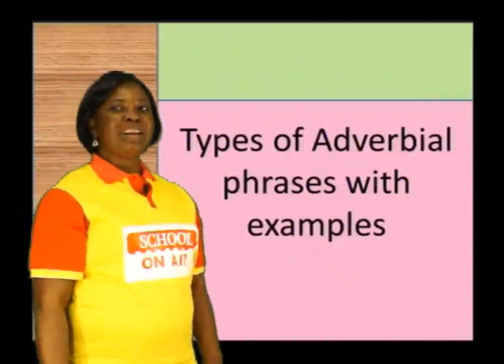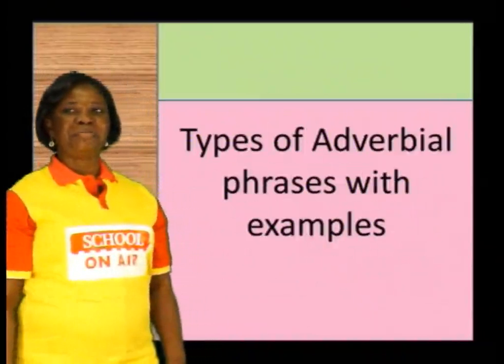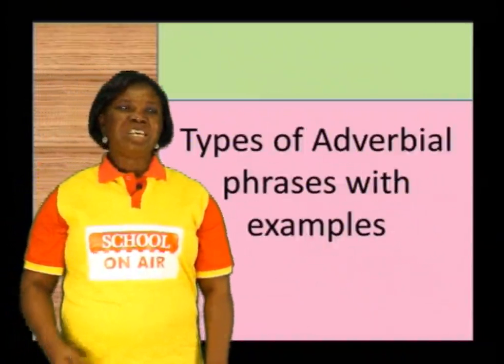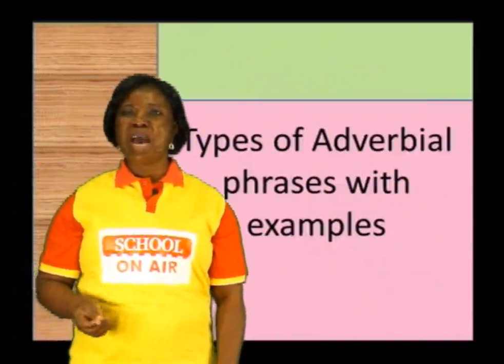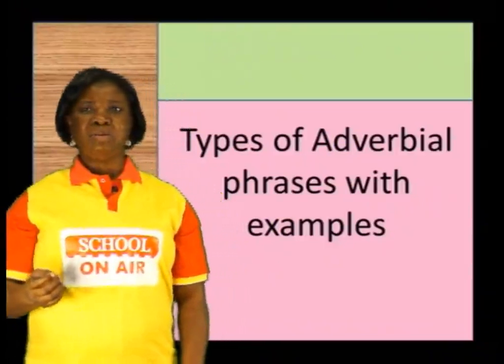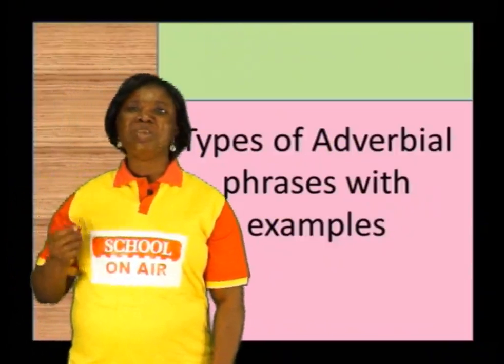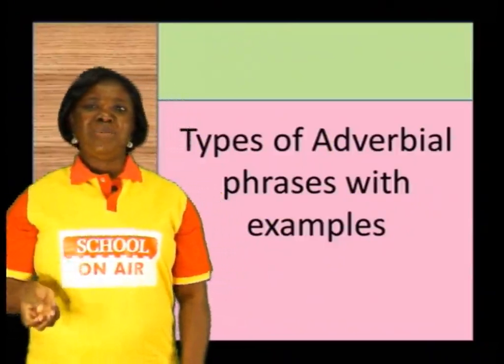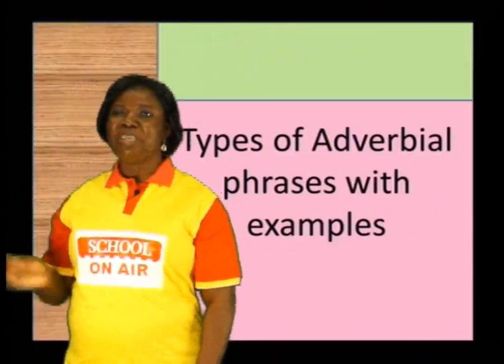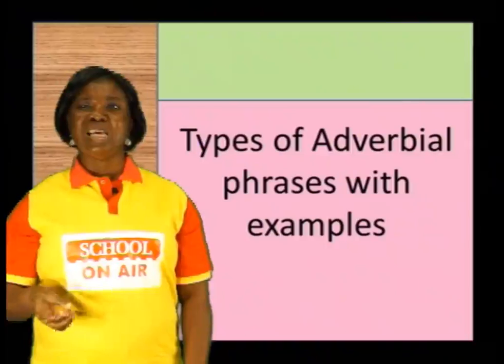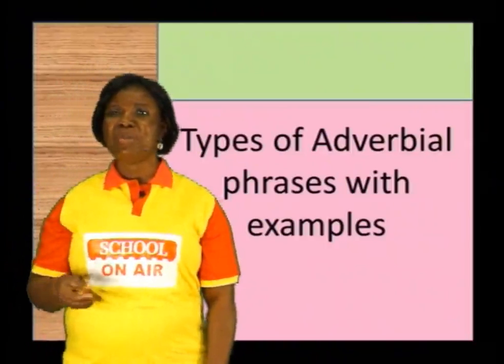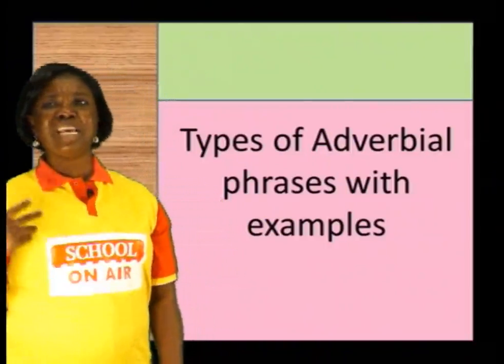Now we're going to look at different types of adverbial phrases with examples. Just as we have different types of adverbs, can you still remember some of them? Like adverbial phrase of manner, place, time, reason, and so on and so forth.